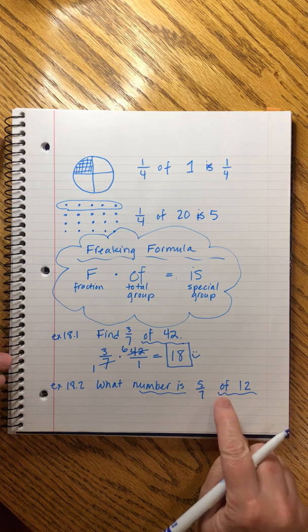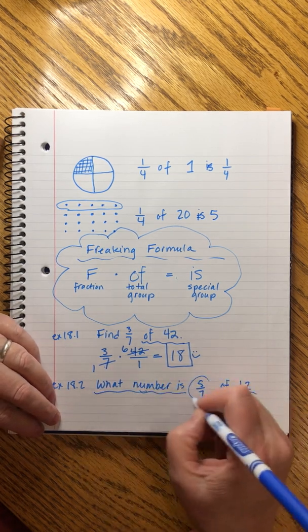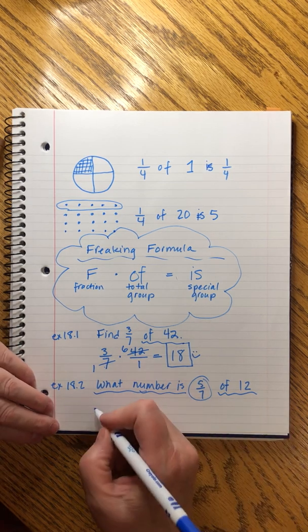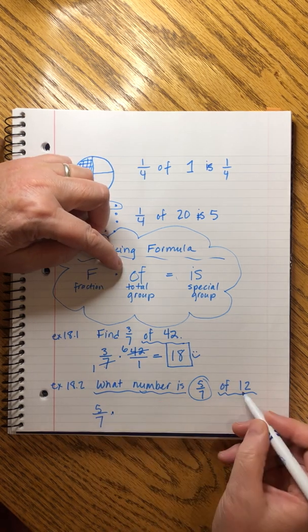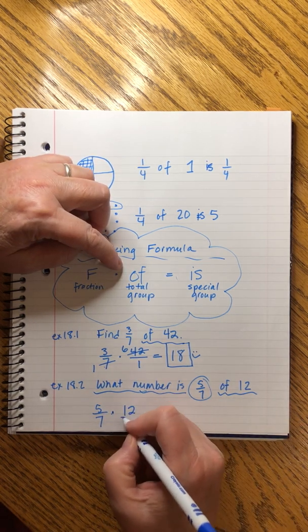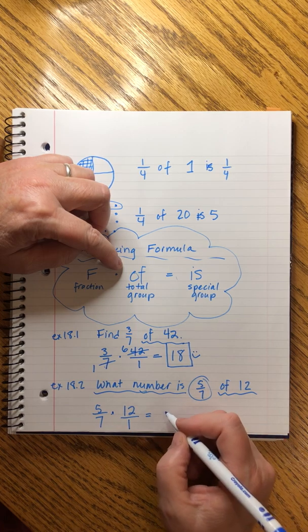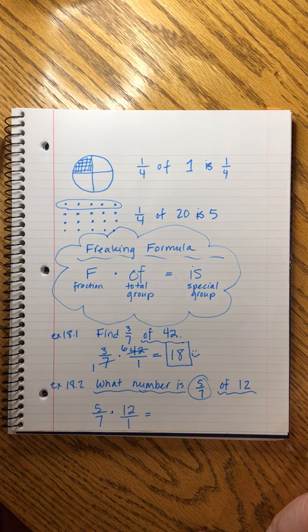So the of number is 12. This is the fraction, clearly. It's the only fraction in the sentence. So what we do is we say 5/7 times the of number, put it over 1, equals the special number, is, right? And that's by itself over there, so it's fine.